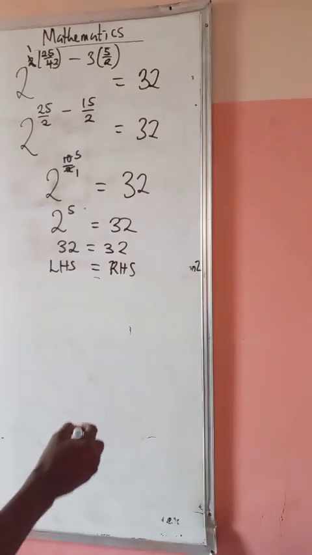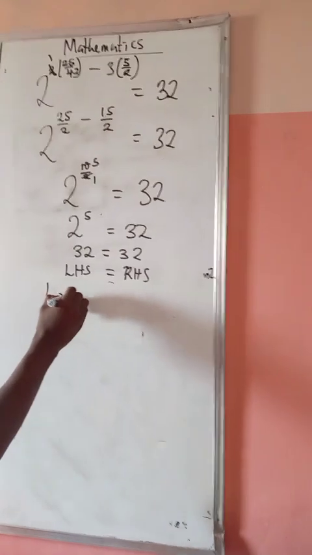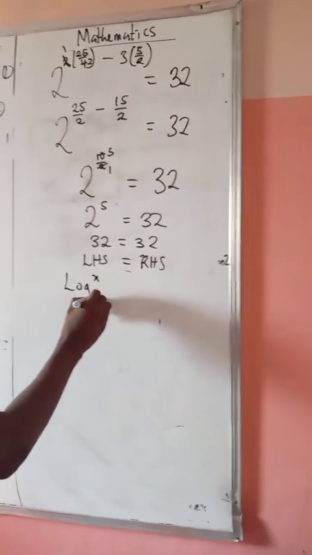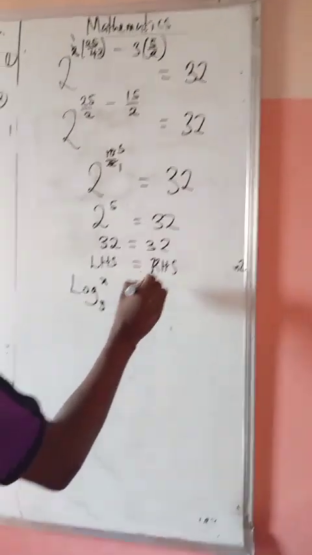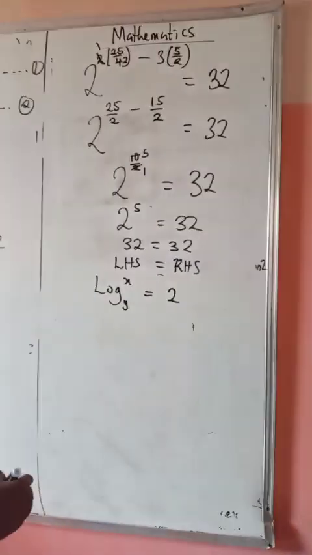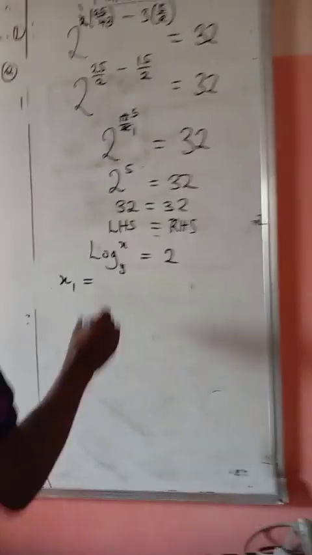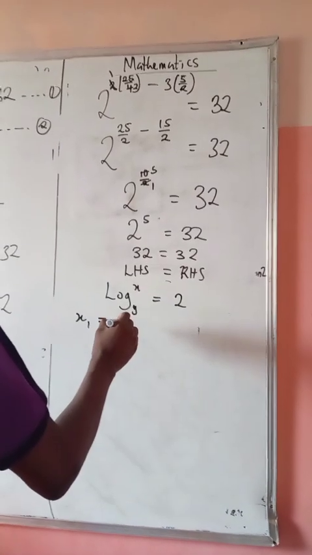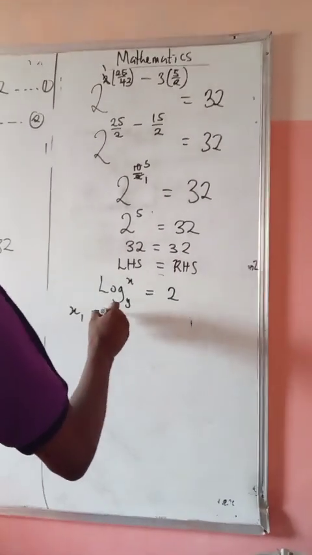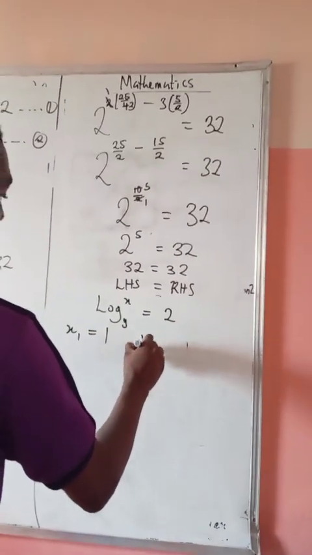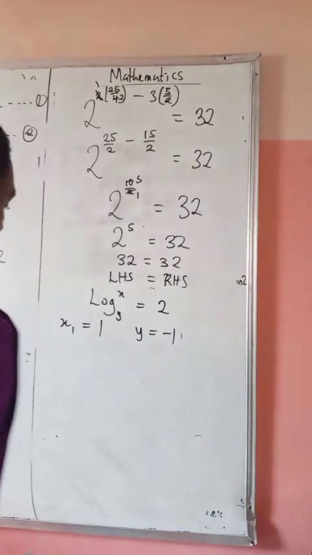Let's take the second equation, which is log x base y is equal to 2. So the first value of x is 1 and y is -1.